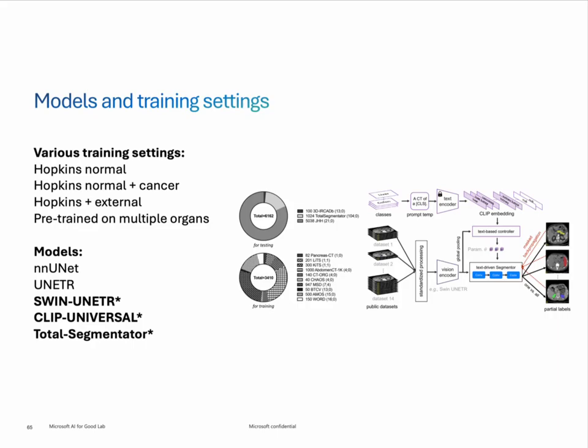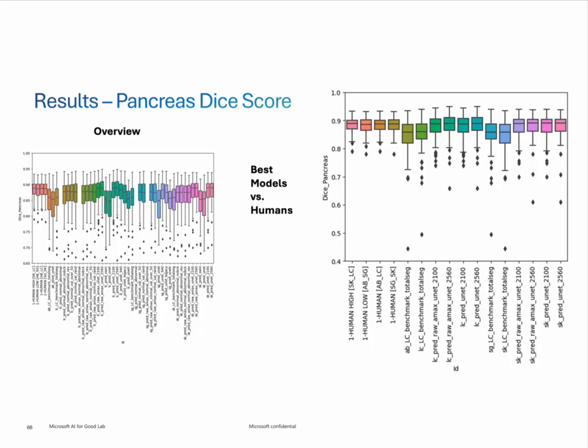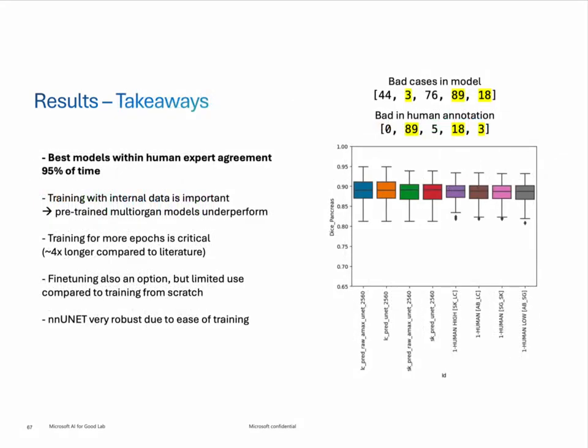With various models using a range of computer programs from nnU-Net to UNETR to TotalSegmentator, we were able to get the same accuracy, basically the same DICE scores, with the computer isolating the pancreas. It wasn't perfect, but people weren't perfect either.